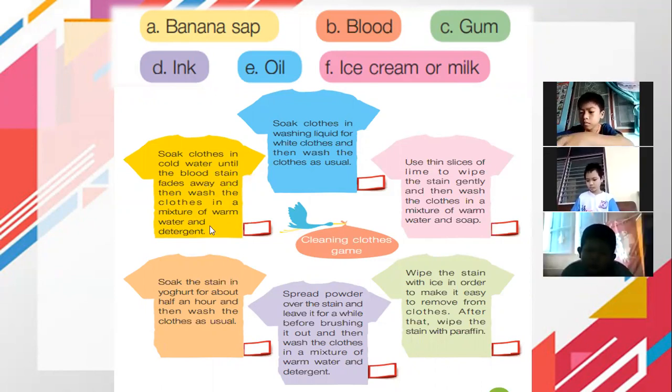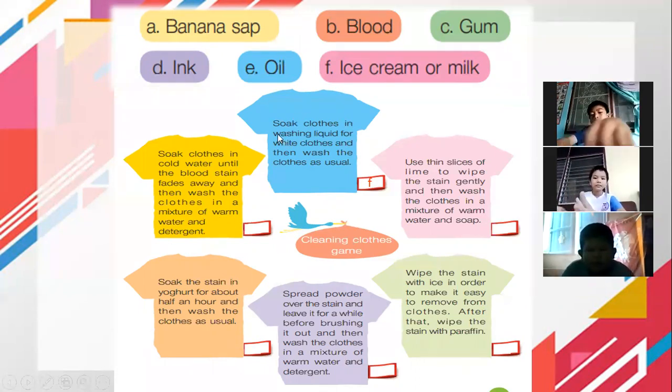Banana sap, blood, gum, ink, oil, or ice cream? That one is blood, actually, with this way.